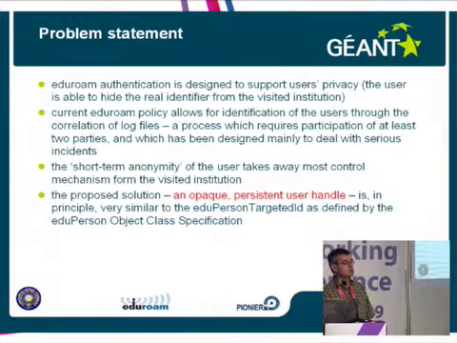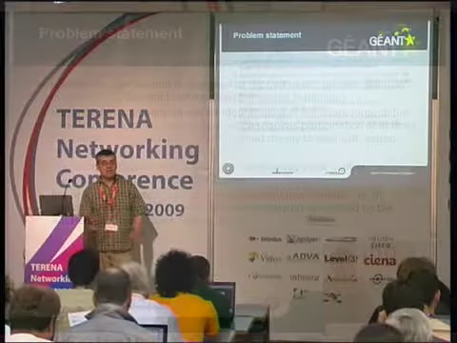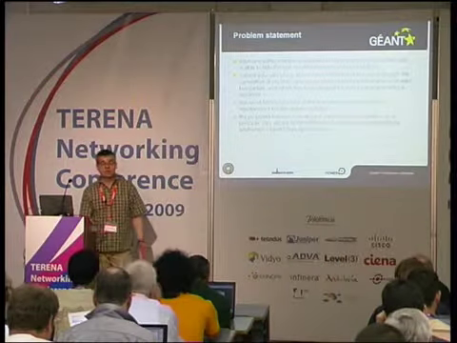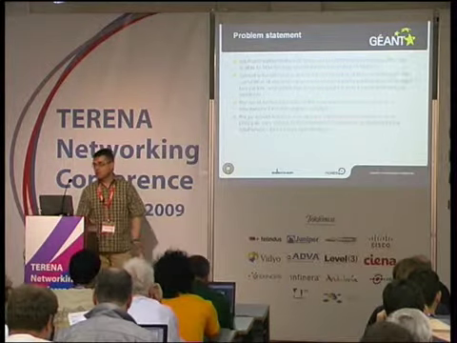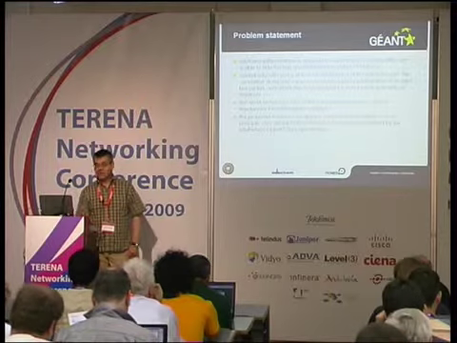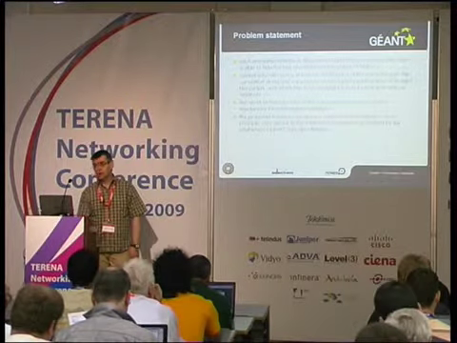So what we suggest is a way of dealing with this problem by introducing something which is definitely not new, by simply adding an opaque persistent user handle, which is in the very idea more or less exactly the EduPerson targeted ID as seen in other AA scenarios.